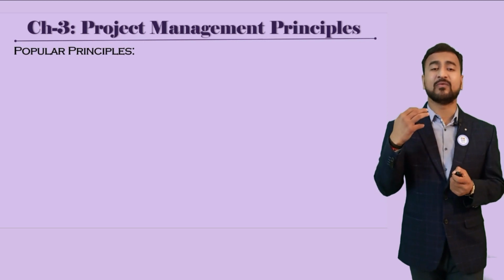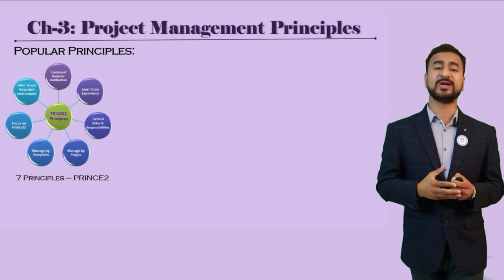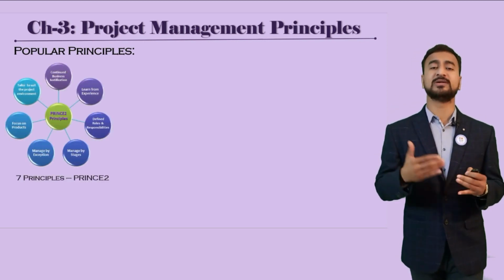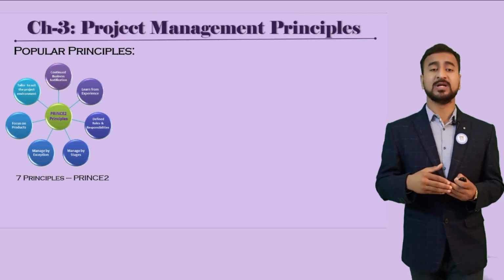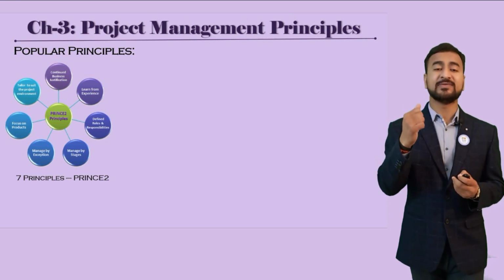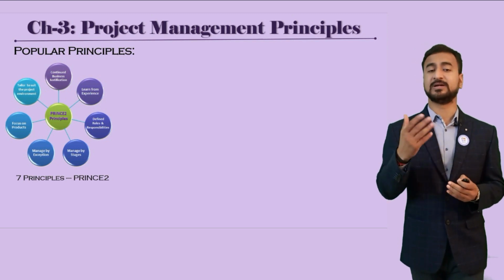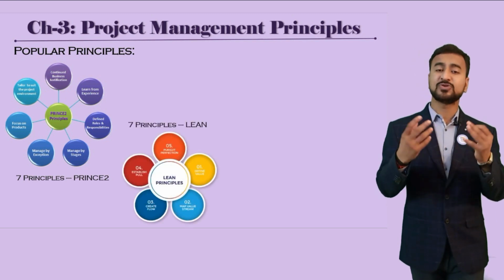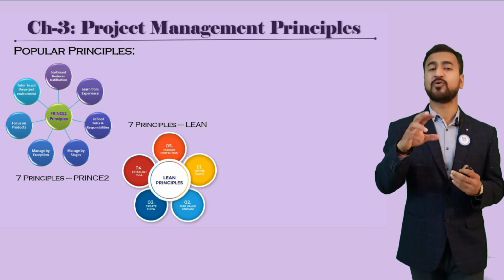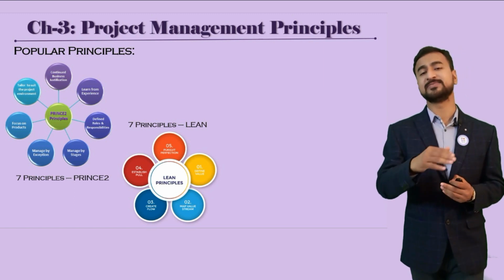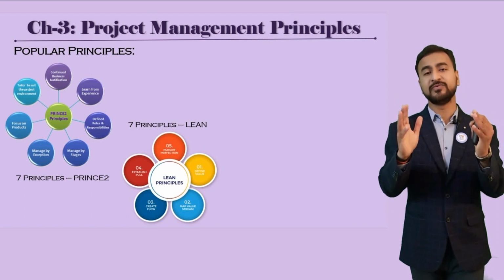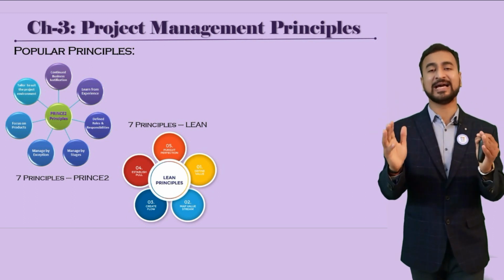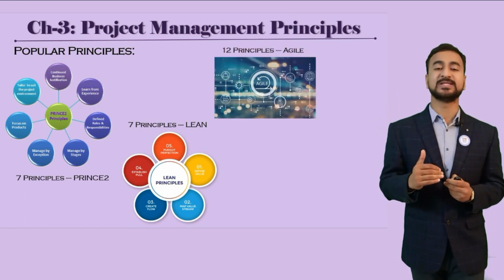Now we are discussing the different popular principles. It is not the case that there were no principles before the PMP. As you see here, PRINCE2 is based on 7 principles. Lean also has 7 principles. We are not going into the detail of the 7 principles of the different frameworks, but I just want to give you a high-level idea that these are the principles.